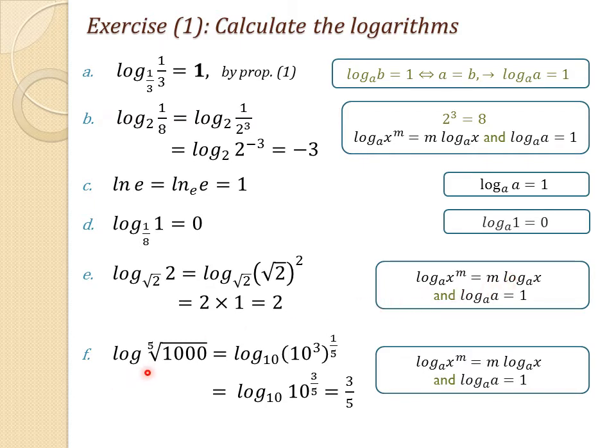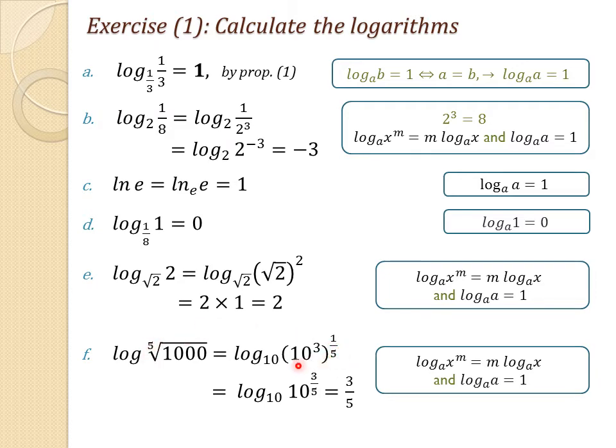And here are the properties that we used for the exercise. Also, logarithm 1000 under the 5th root. You know that if there is no base written, it means that the value of the base is 10. So here is 10. And here is the 1000 written as 10 power 3, all raised to power 1 over 5. This is the formula of the 5th root.